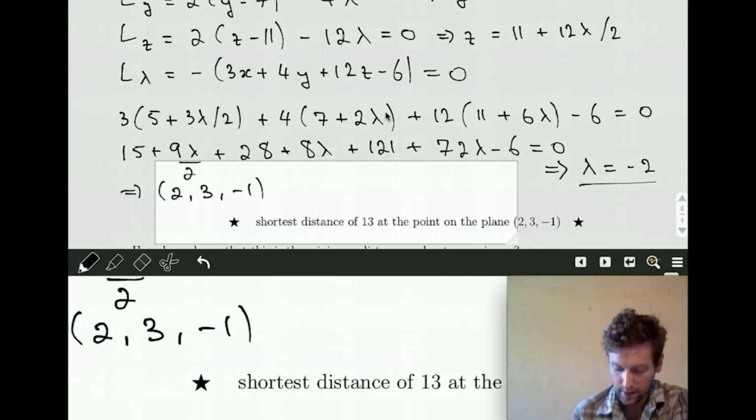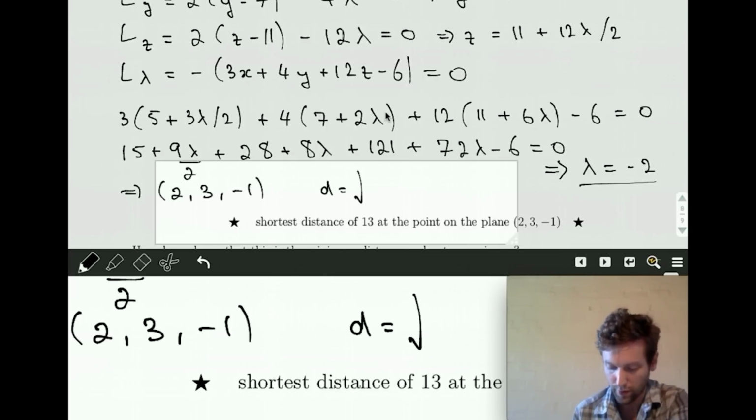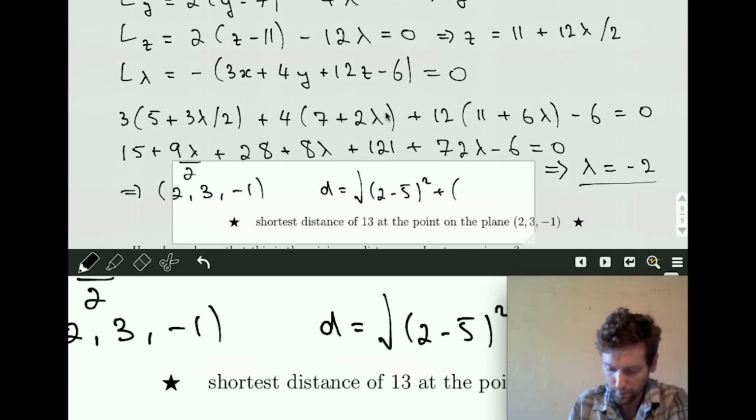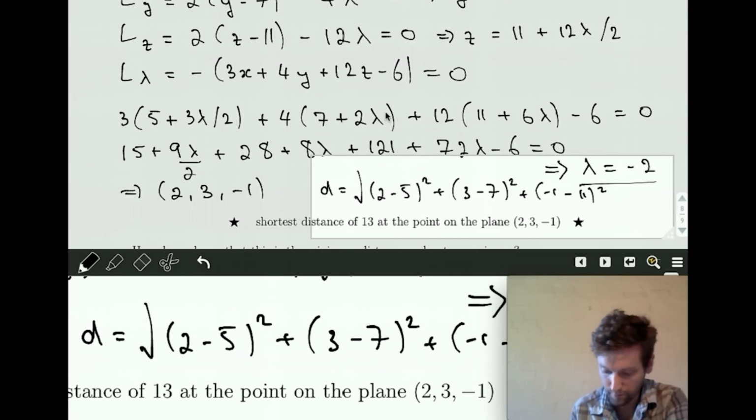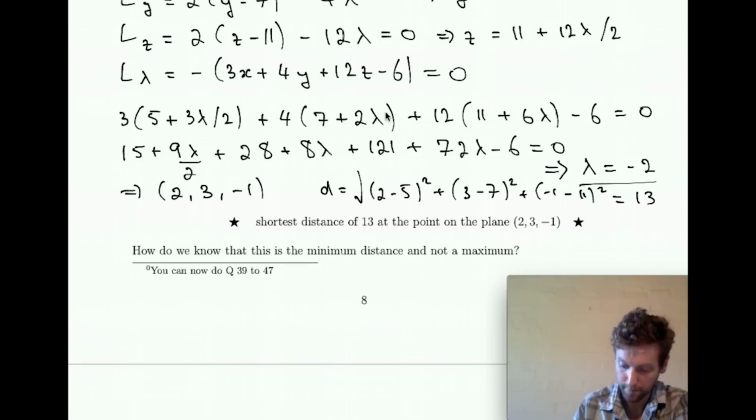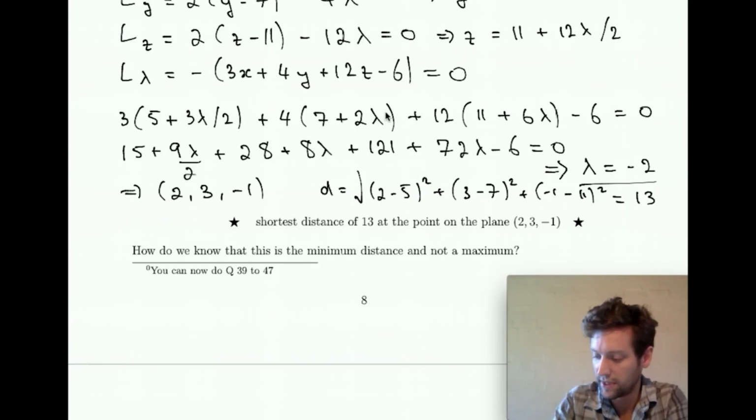So again, the distance here, if I substitute in, and this time of course I have to use the square root of x minus 5 squared, x is equal to 2, y is equal to 3 minus 7 squared plus z minus 11 squared, so z is equal to minus 1. And what you'll find is that the distance is equal to 13.